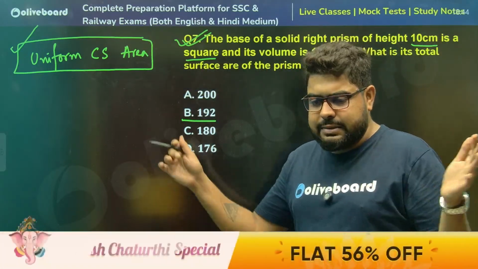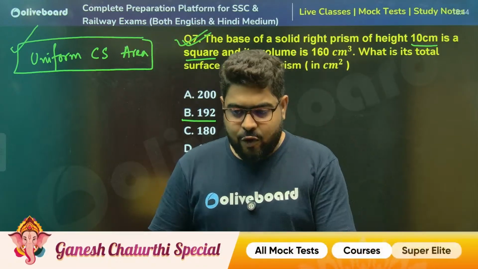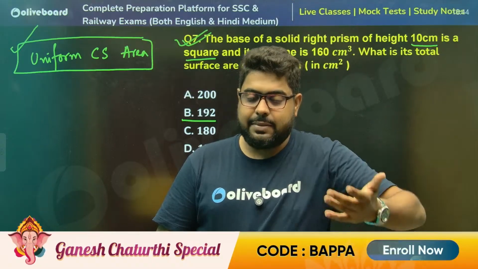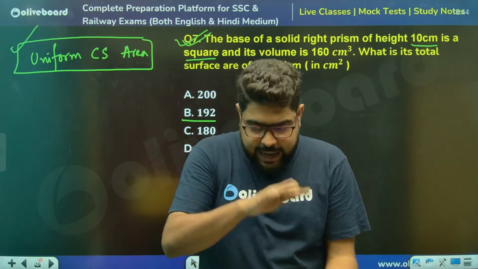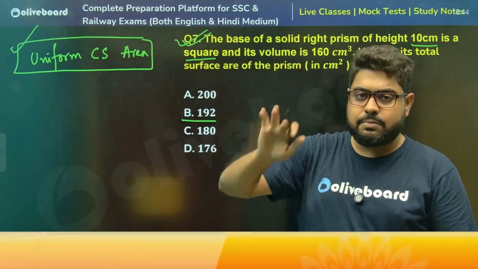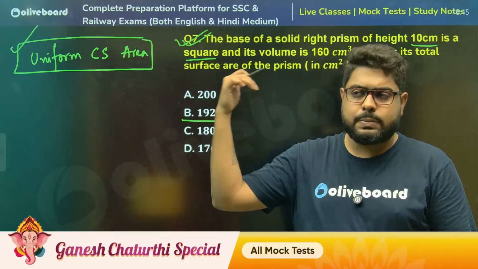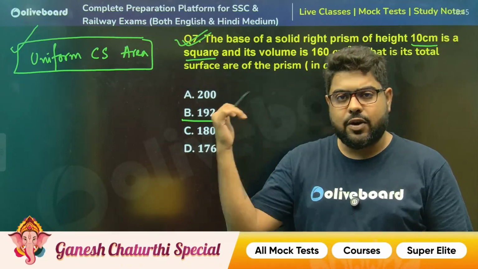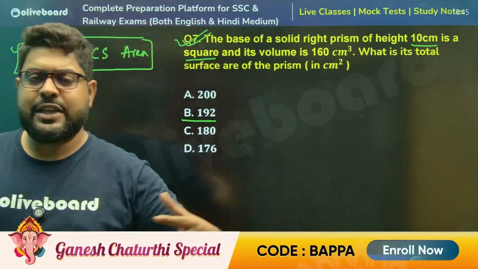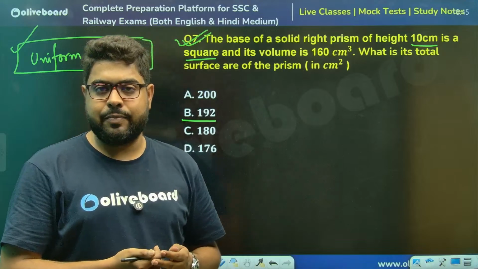Just take the room that you are sitting in, that's a cuboid. Whatever the floor area is, the same is the area of the roof. Otherwise, it will break down. So the cross section area is always the same. So for those structures, you can figure out the volume, the surface area, the lateral surface area or the curved surface area using some conceptual formula which we use to get from integration.